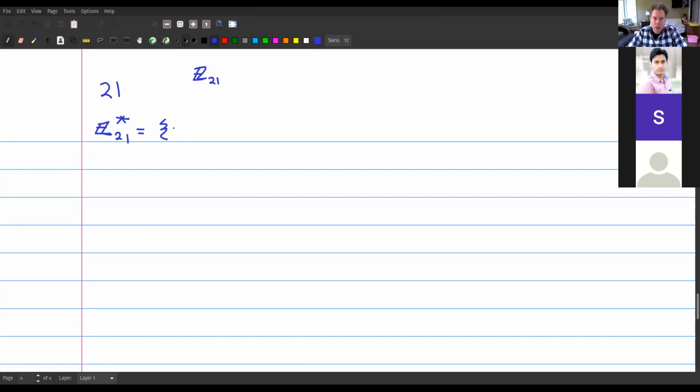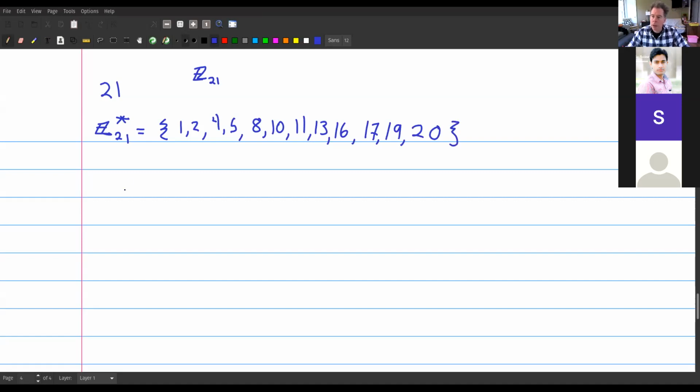And it turns out, I think we talked about this last time, the numbers that have a multiplicative inverse mod 21 are exactly the numbers that have no factors in common with 21. So those are the numbers 1, 2, 4, 5, 8, 10, 11, 13, 16, 17, 19, and 20.